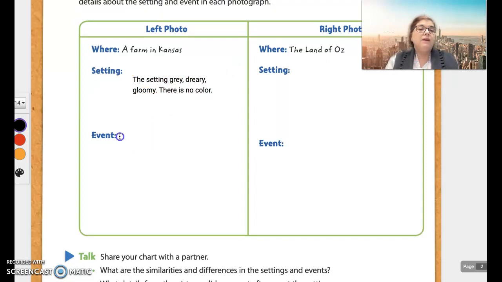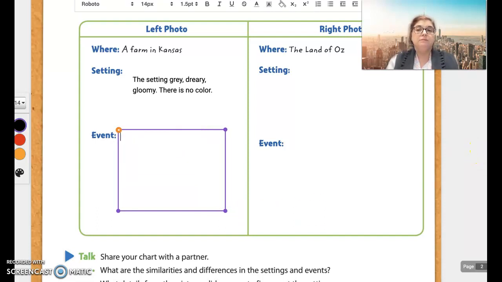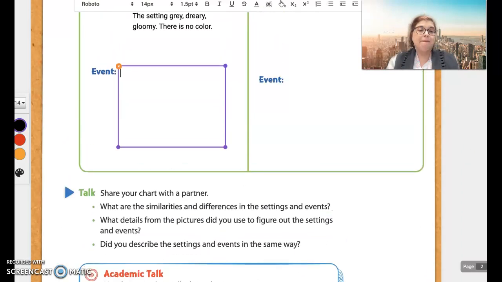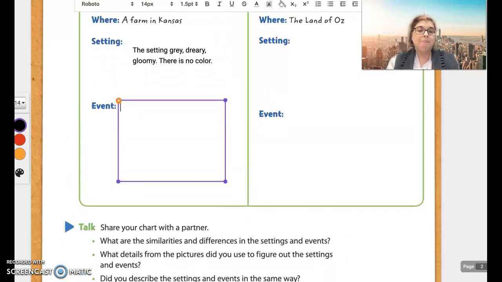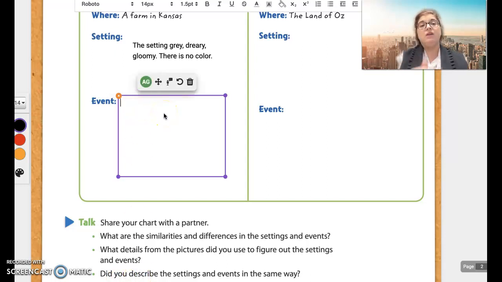Now, the event. What do you think the event is here? Well, I'm going to say the event on this side is she is at her farm in Kansas.